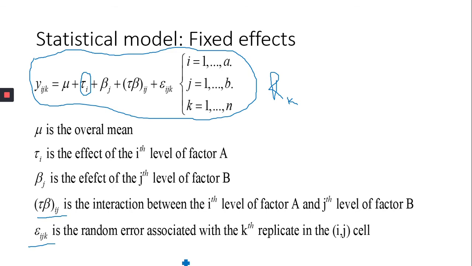Now, we need to have an appreciation of this statistical model because it helps us to understand how the total sum of squares will be broken down in an analysis of variance.